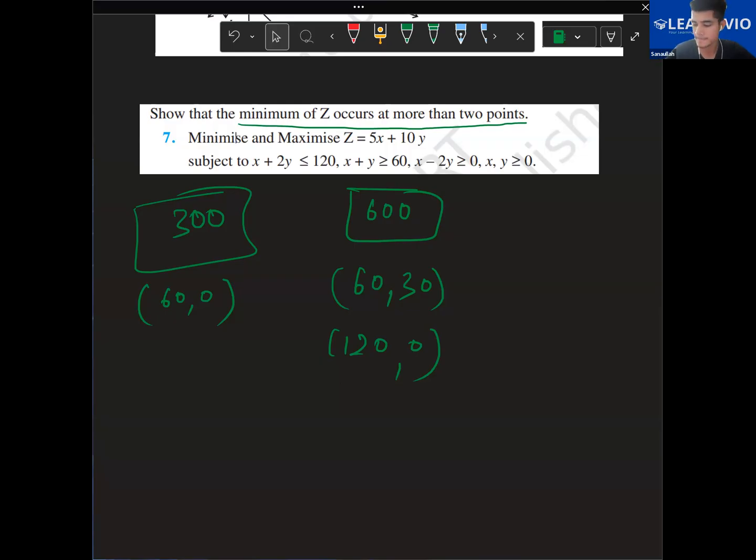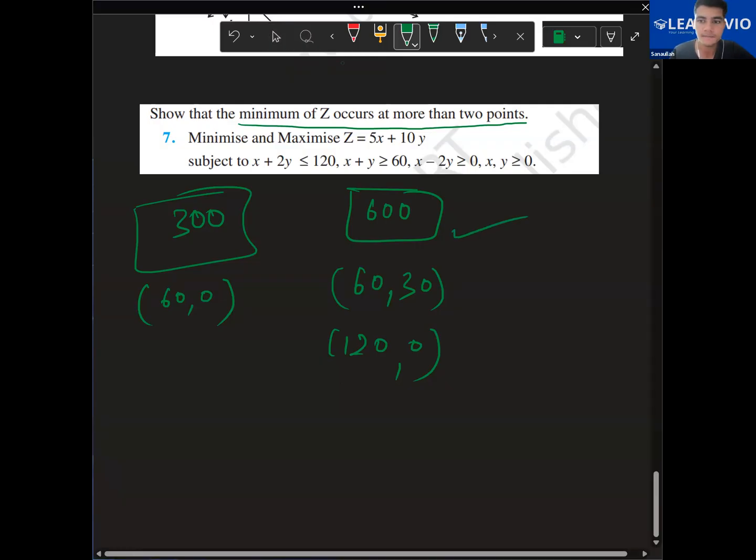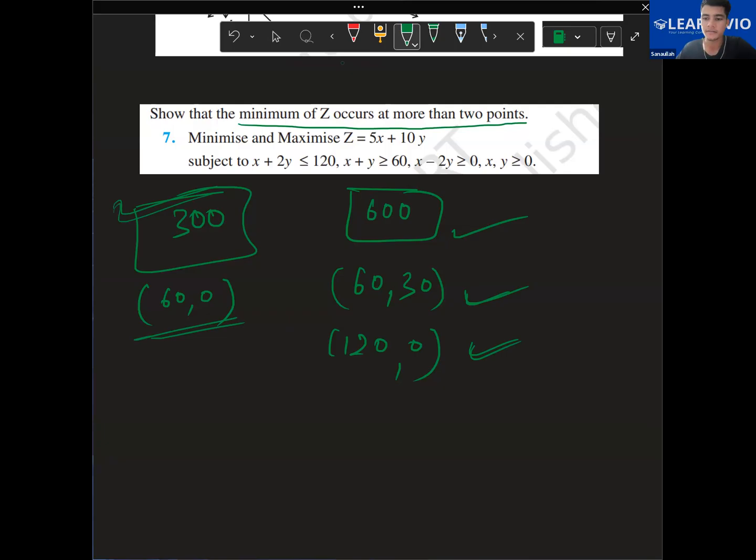Okay, that is right. Maybe some mistake happened here. This is correct, Ali, yours is correct. Maximum is 600 at these 2 points, and minimum is 300 at 60 comma 0. All right.